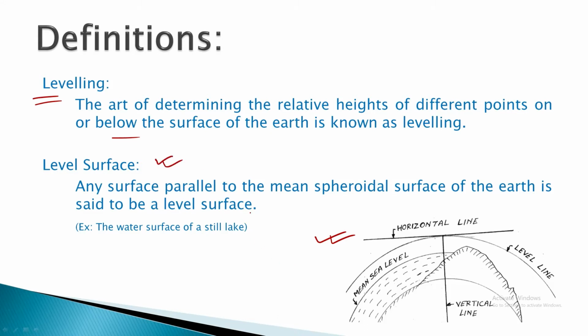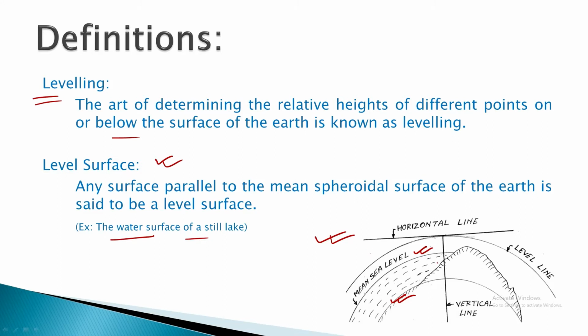Any surface parallel to the mean spheroidal surface of the earth is said to be a level surface. In this diagram you can see the mean spheroidal surface. Now the parallel surface of this mean spheroidal surface, the primary one, is the mean sea level, or you can say the water surface of a still lake.